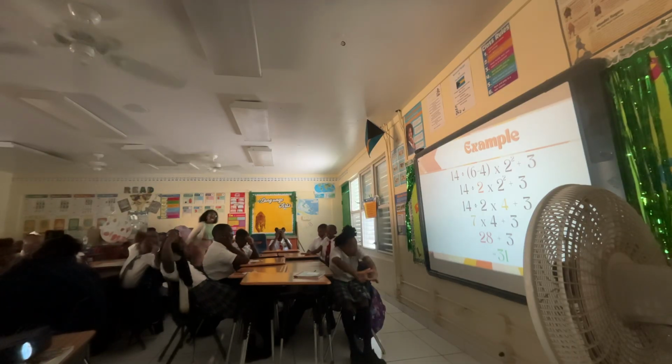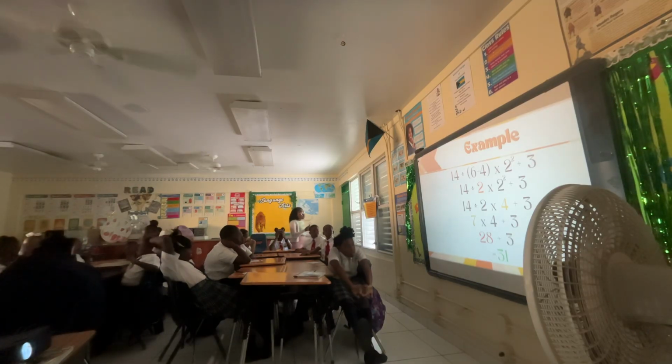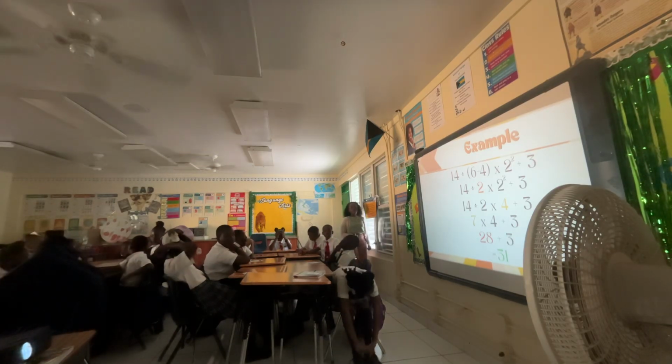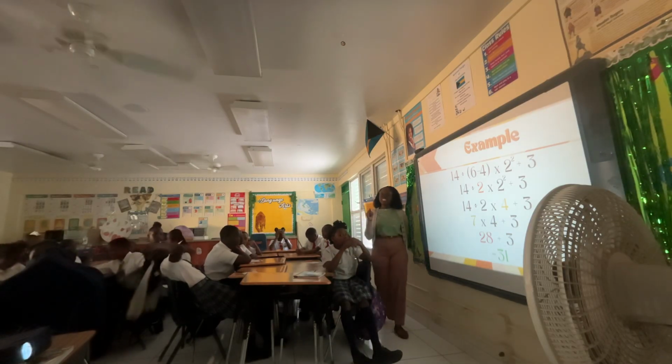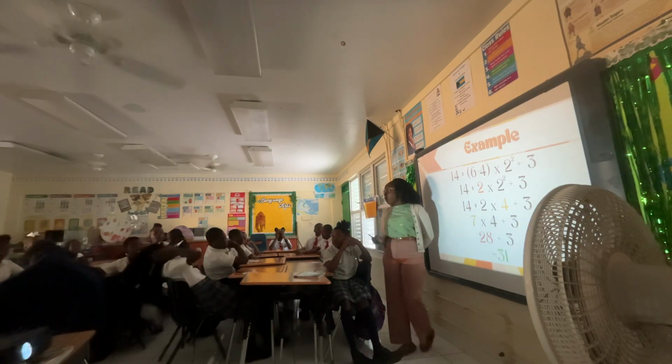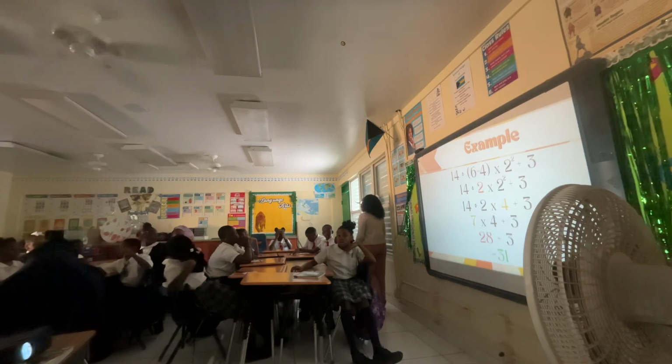But we're not done yet. We still have a few more steps to go. So, what do we have to do next? We did parentheses. We did exponent. What's next? Multiply or divide.